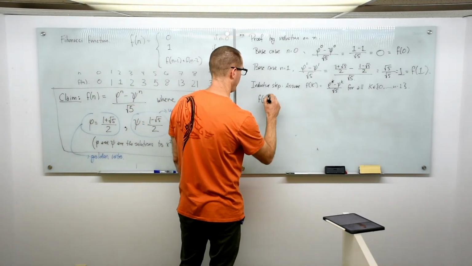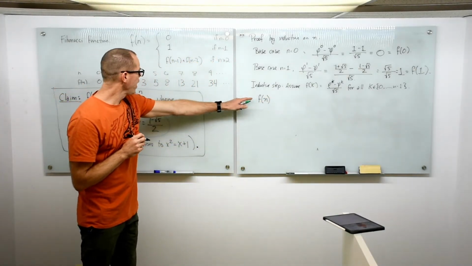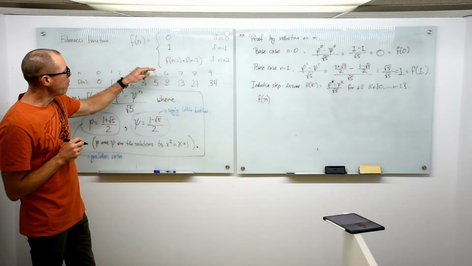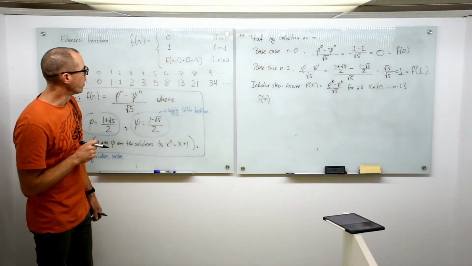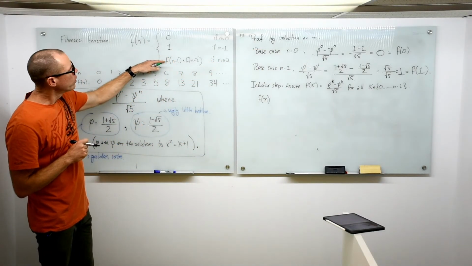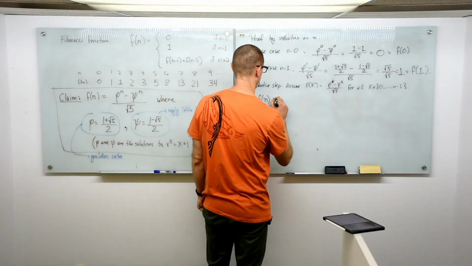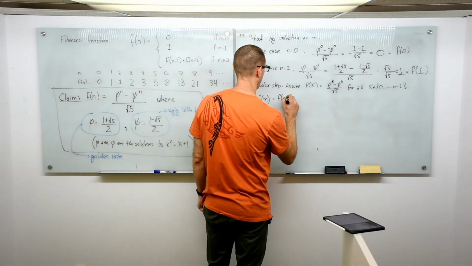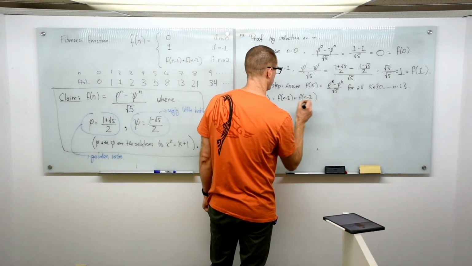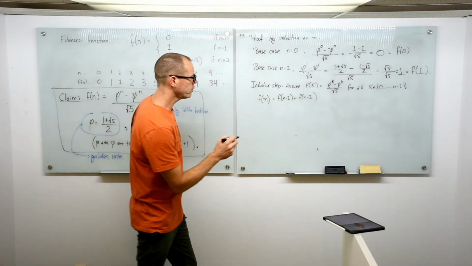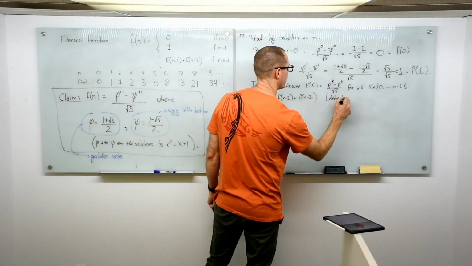And I hope I have enough room to get this done on this board. F of n, for n bigger than or equal to 2, because we've done n equals 0 and n equals 1. So we get to apply this definition. F of n minus 1 plus f of n minus 2. Right here we're just using the definition.